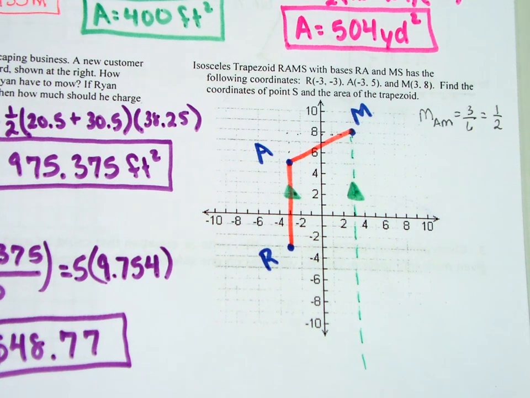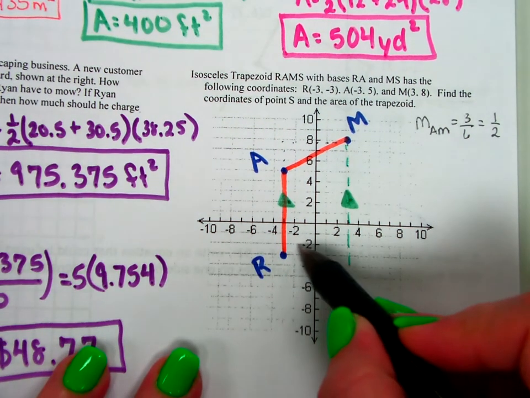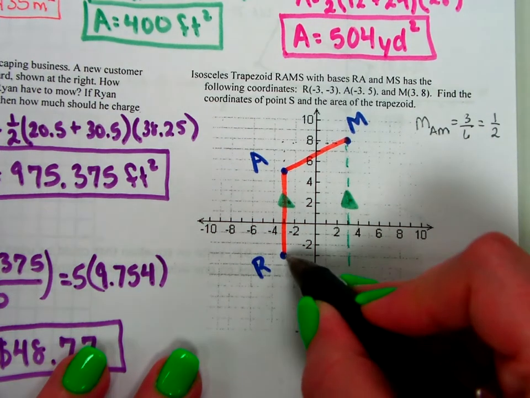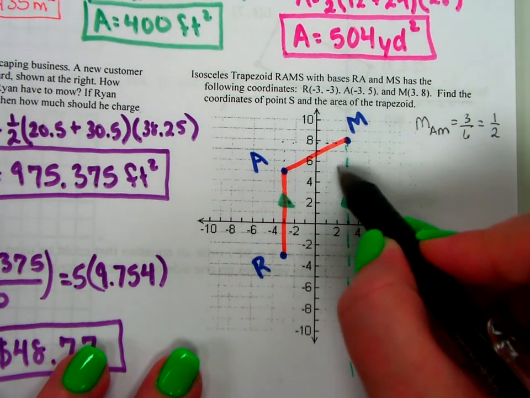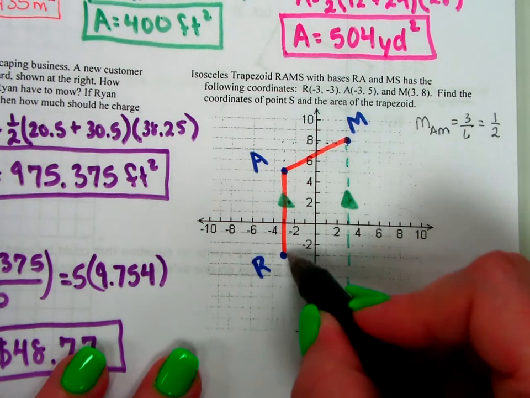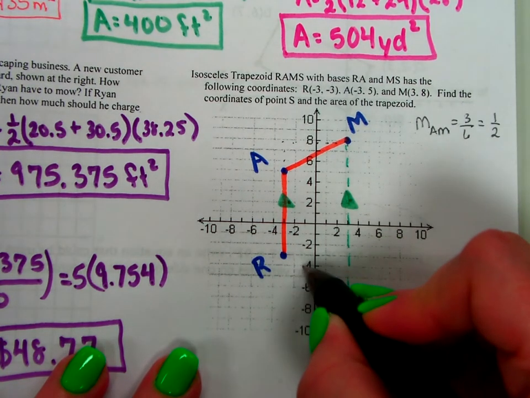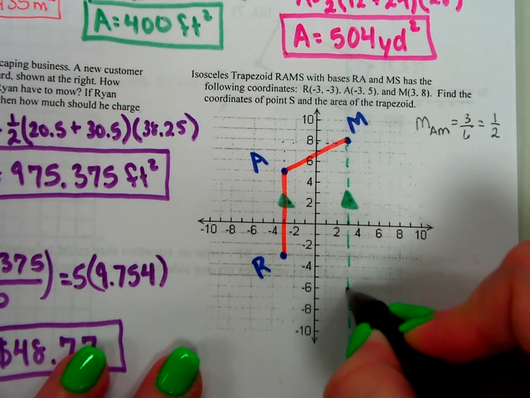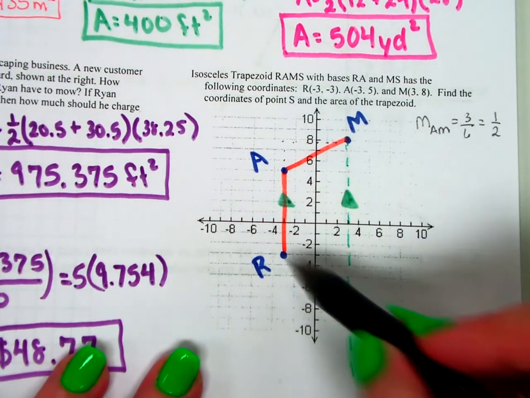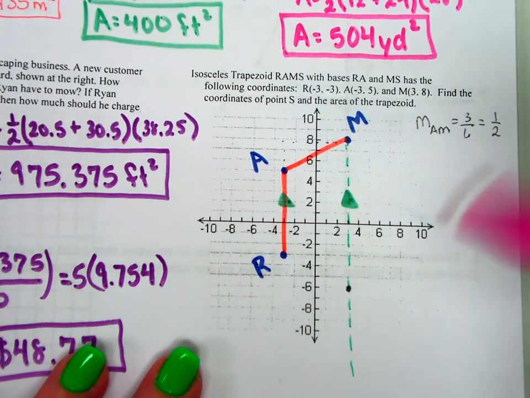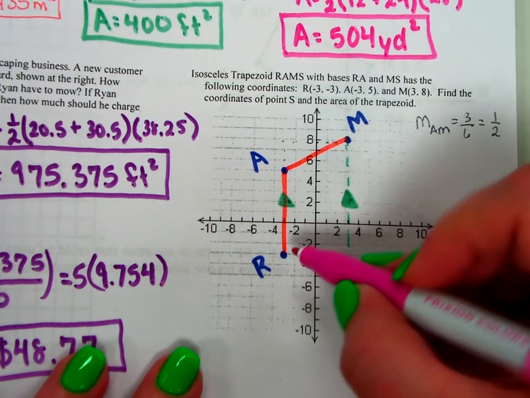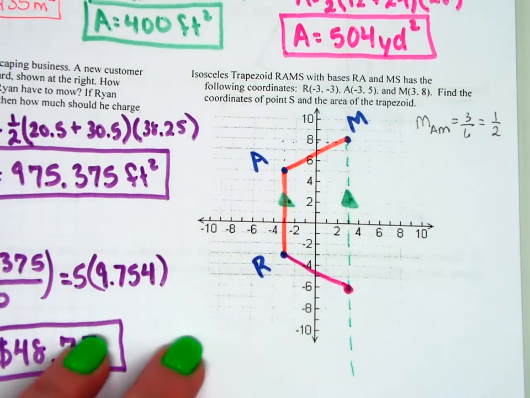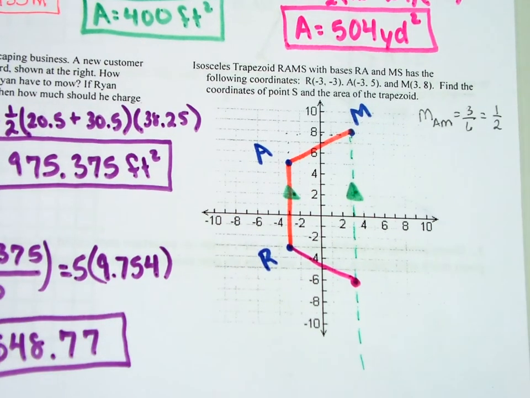So I don't do the reciprocal slope, just the opposite slope. So instead of going up 1 over 2, because if I go up 1 over 2, I'll be parallel and I'll make a parallelogram. But if instead of going the same direction, I go down instead of up, down 1 over 2, down 1 over 2, then I should end up where this is going to have the same length as that.